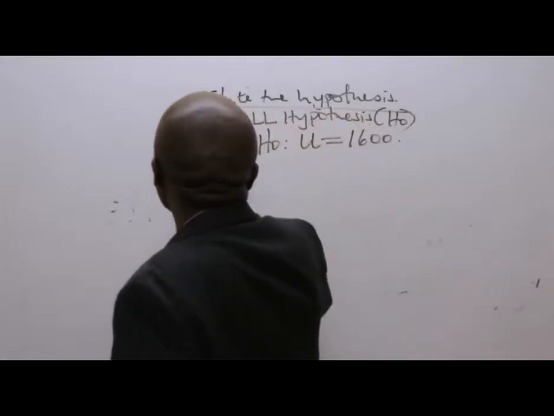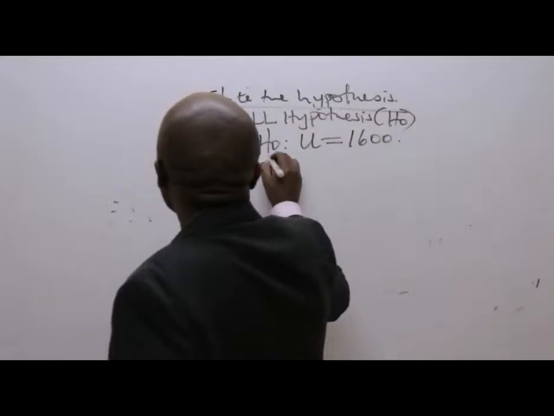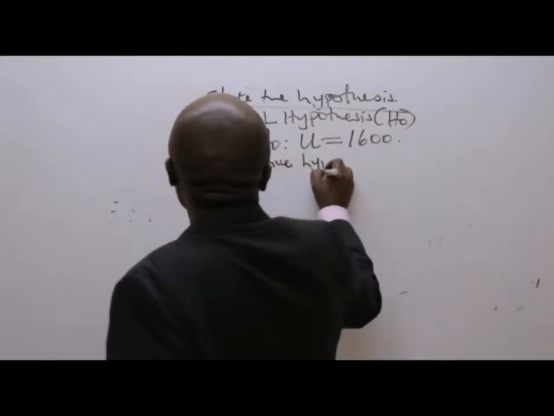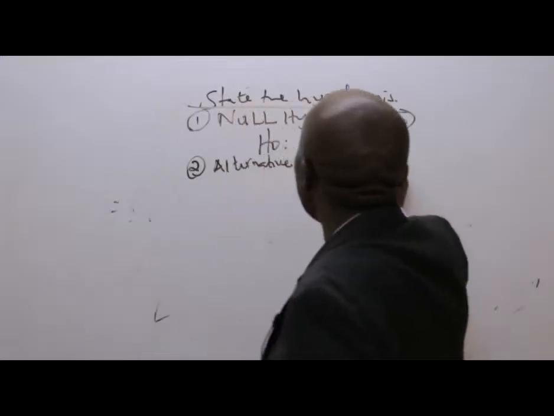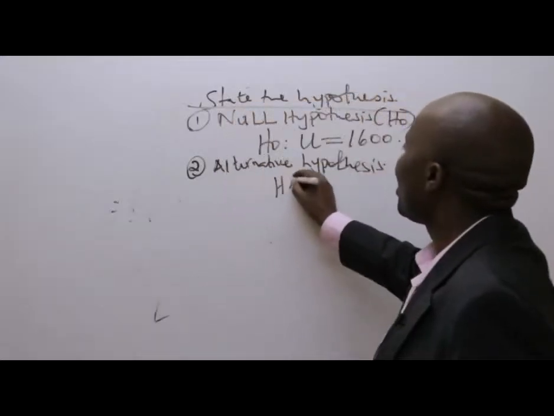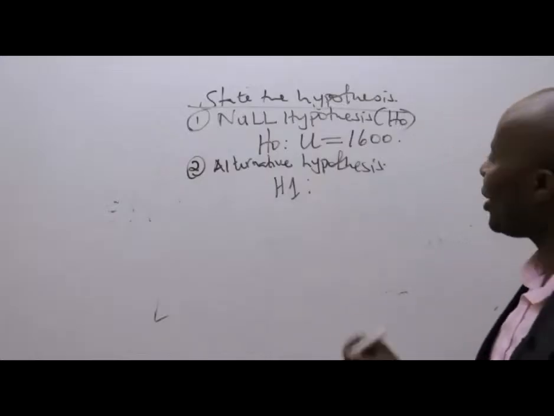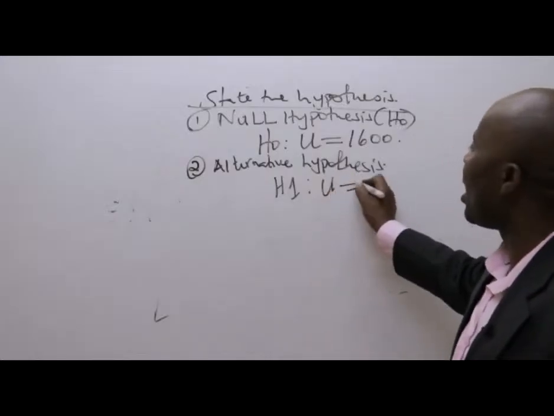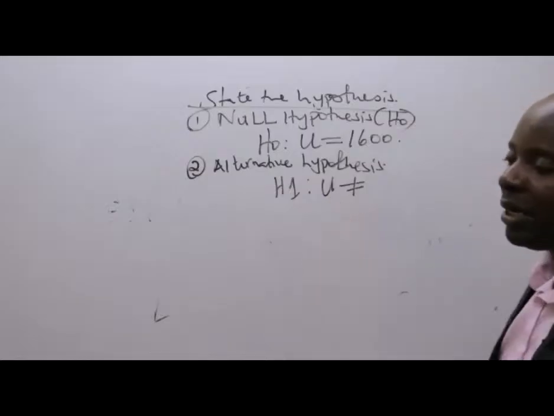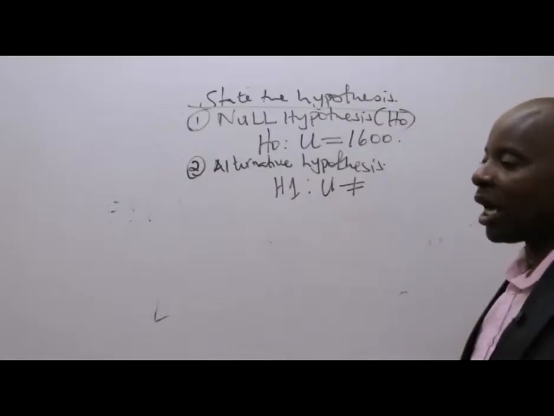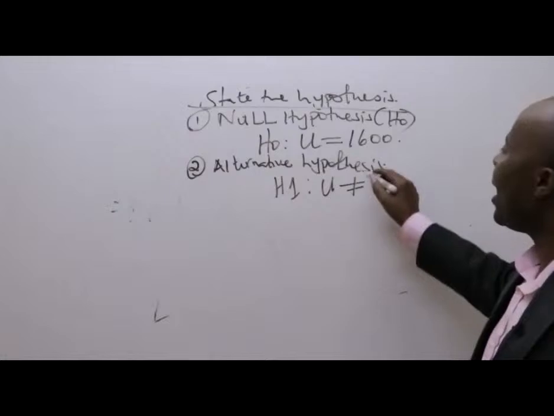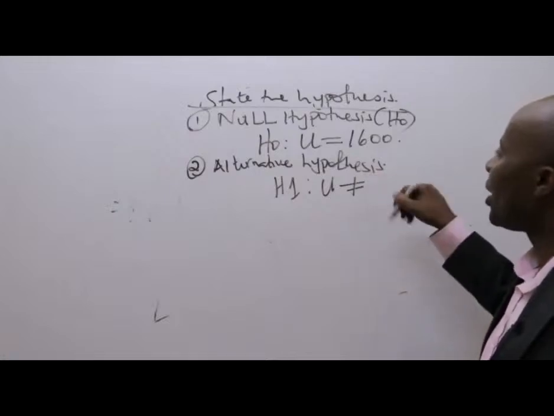So we have what we call the alternative claim or alternative hypothesis, which we shall be denoting as H1. U stands for the mean. Our lifetime here could be more or less than 1600.